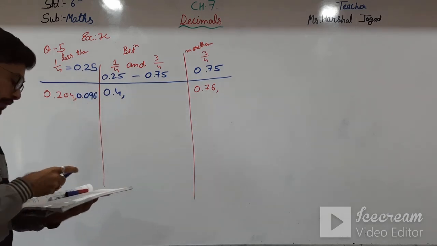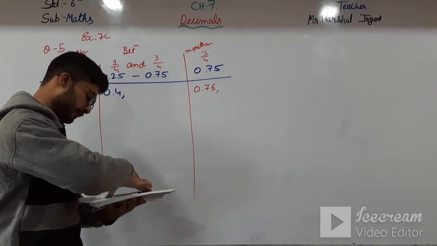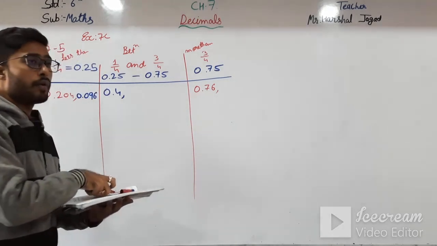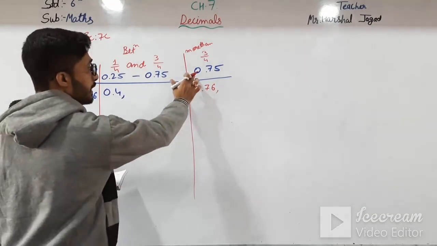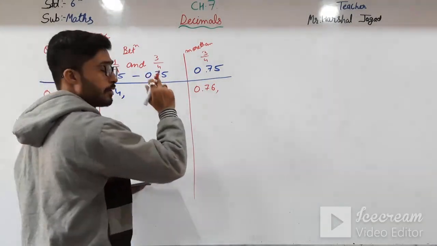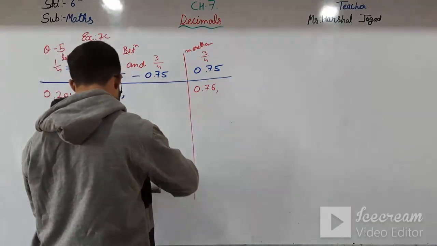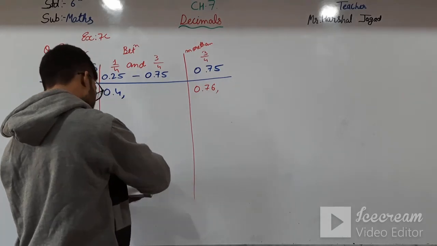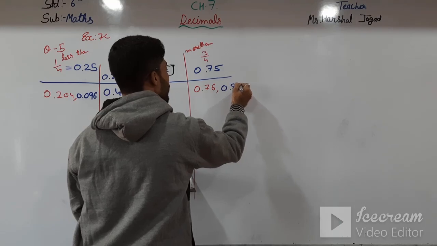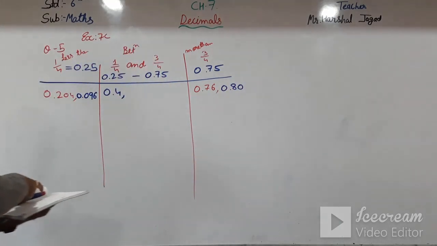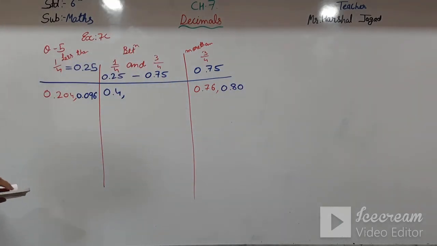Another one, that is E, 0.80. It is more than this because here it is 0.75, so it will come over here, 0.80. Next is 0.376.